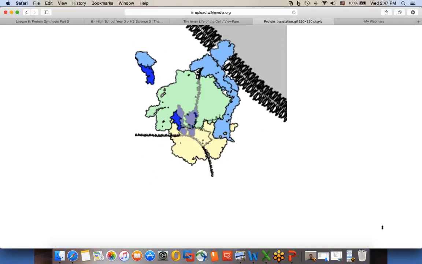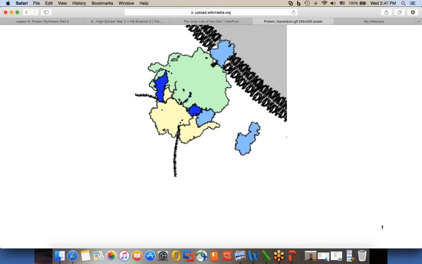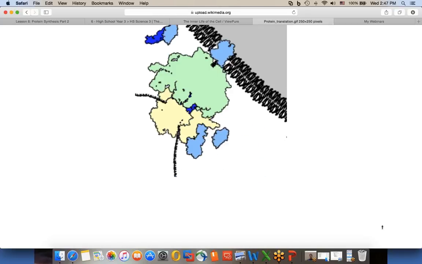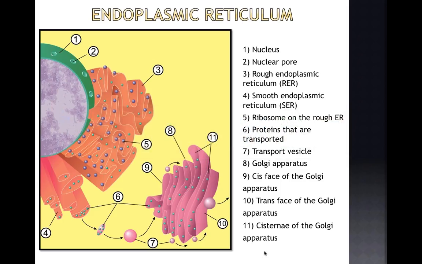Inside the Golgi apparatus, they do some more processing, changing, checking and folding, and the proteins join together with other proteins. Then they go into another vesicle, which is taken to the cell membrane, where it's released out of the cell by exocytosis into the bloodstream, or it becomes part of the cell membrane.